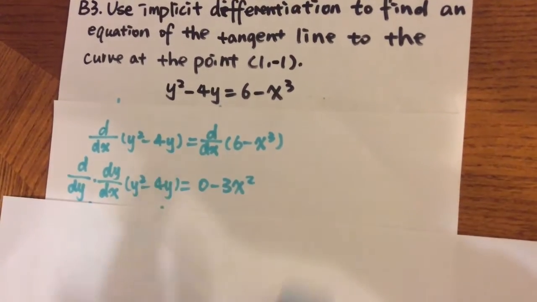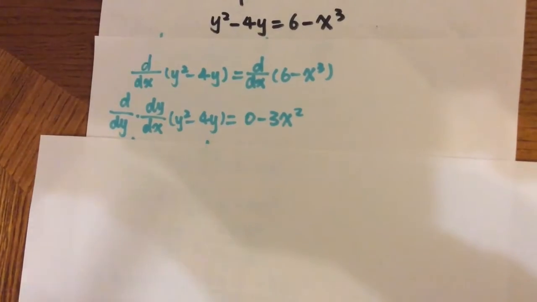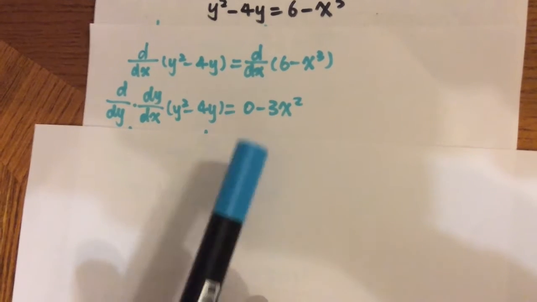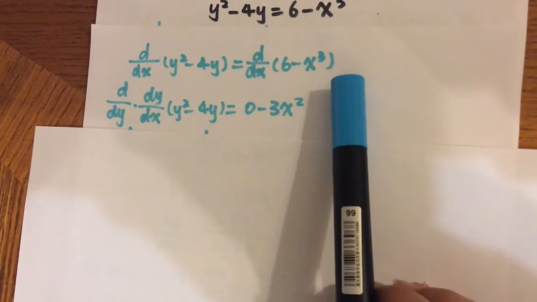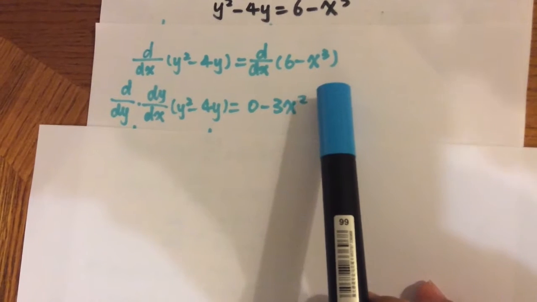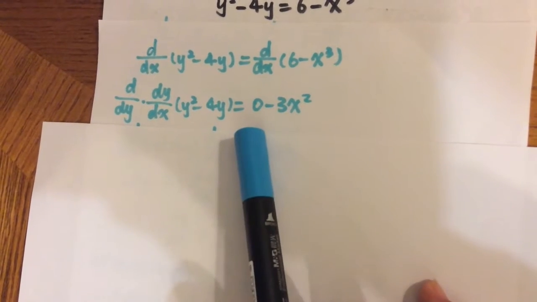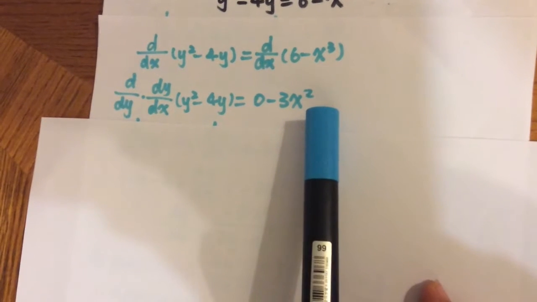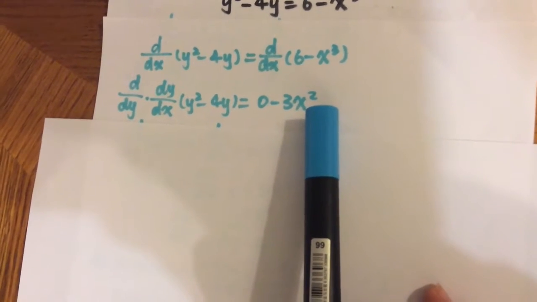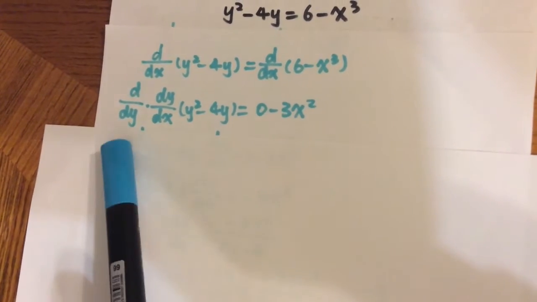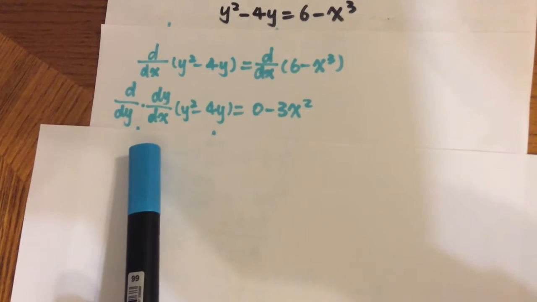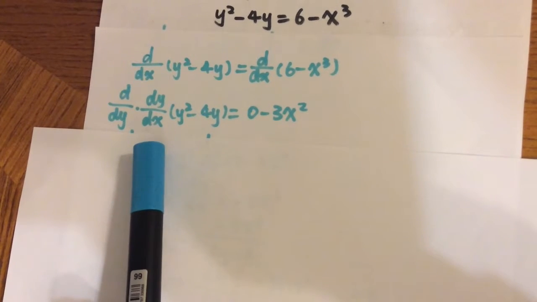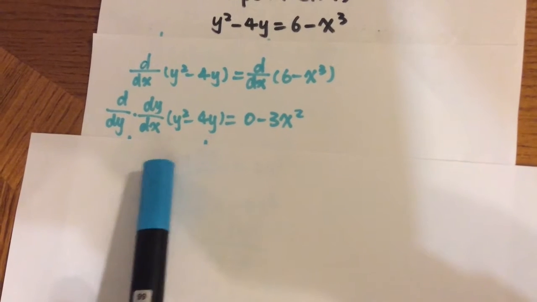So goes to the next step. We write in this form. First we do the derivative of the right part. It goes to 0 minus 3x to the power of 2. This time we also go through the power rule, and at this part we are trying to find what is dy over dx.